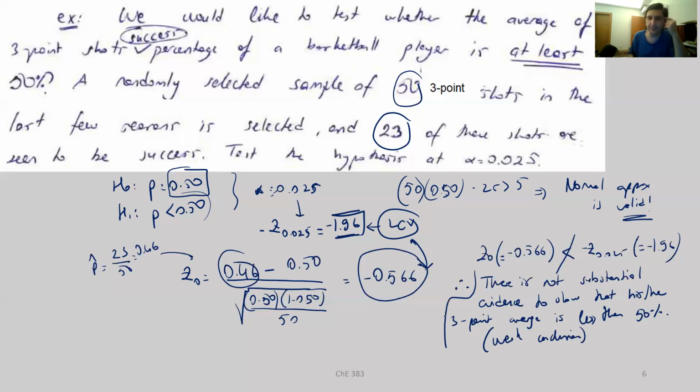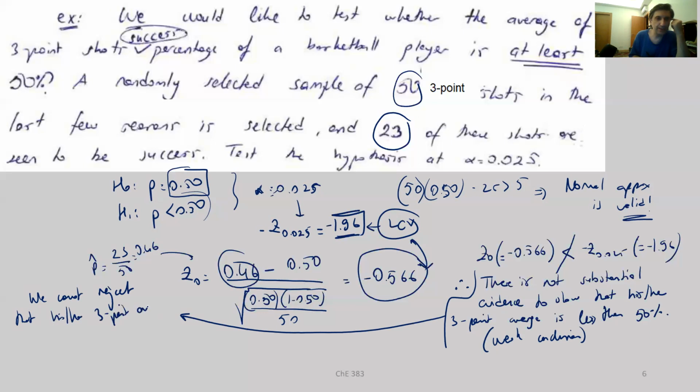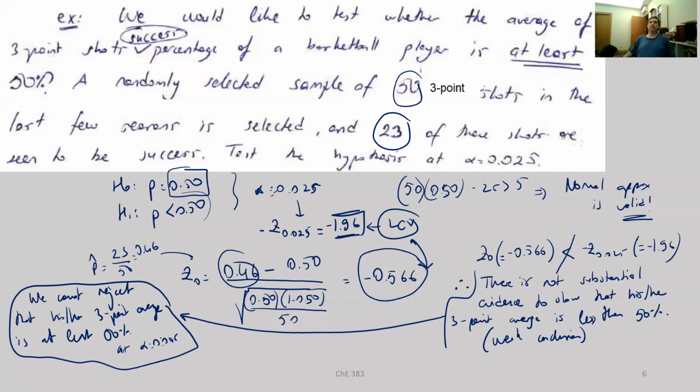Or you may say alternatively here, we cannot reject that her 3-point average is at least 50% at alpha is equal to 0.025. Again, another weak conclusion and a statistically valid statement. We cannot reject that her 3-point average is at least 50%. There is no substantial evidence to show that.